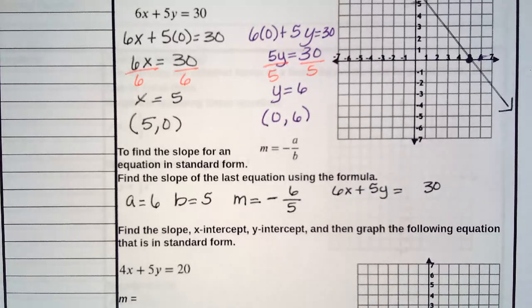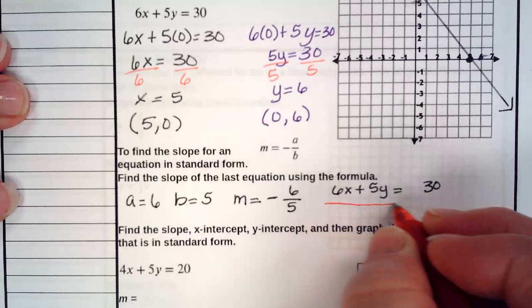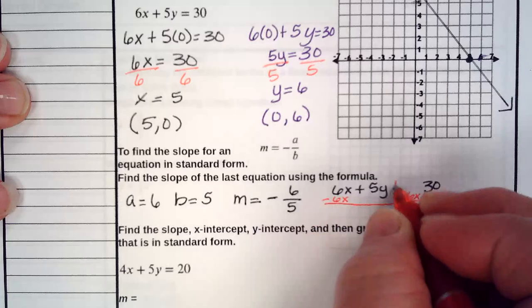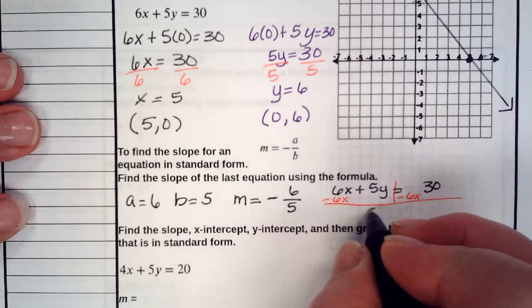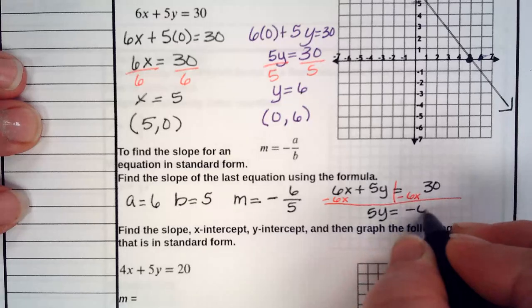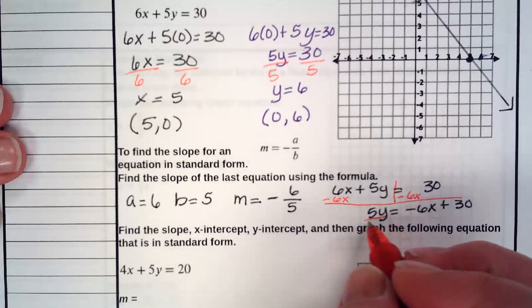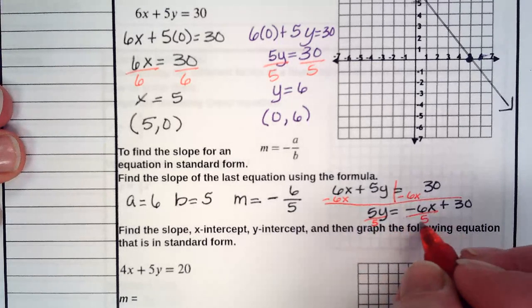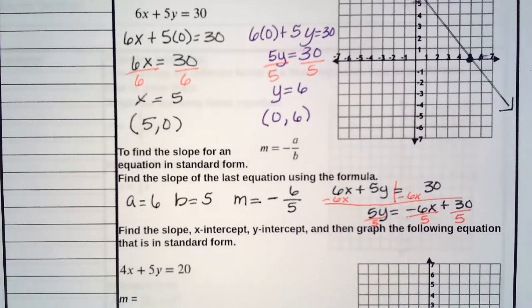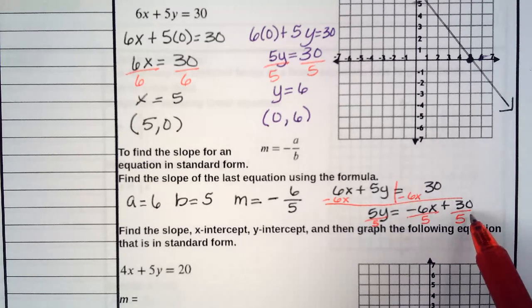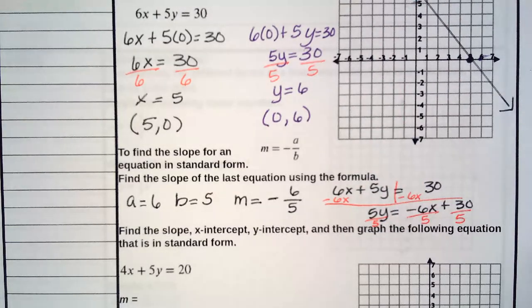First thing you would do would be to subtract 6x from both sides. 5y is equal to negative 6x plus 30. Then you would divide by 5 all the way across. You can now see your slope is negative 6 over 5. Your y-intercept would be 30 divided by 5, which would be 6. And we have that graphed up here.